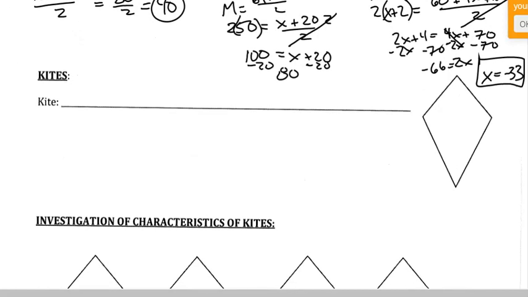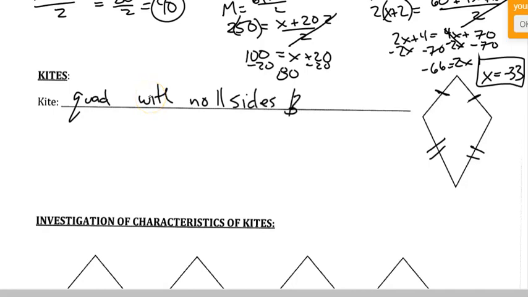What a kite is, this figure over here. A kite is going to have no parallel sides. Okay, so this one is going to be a quad with no parallel sides, and that's an and symbol, sorry, 2 pairs of adjacent congruent sides.